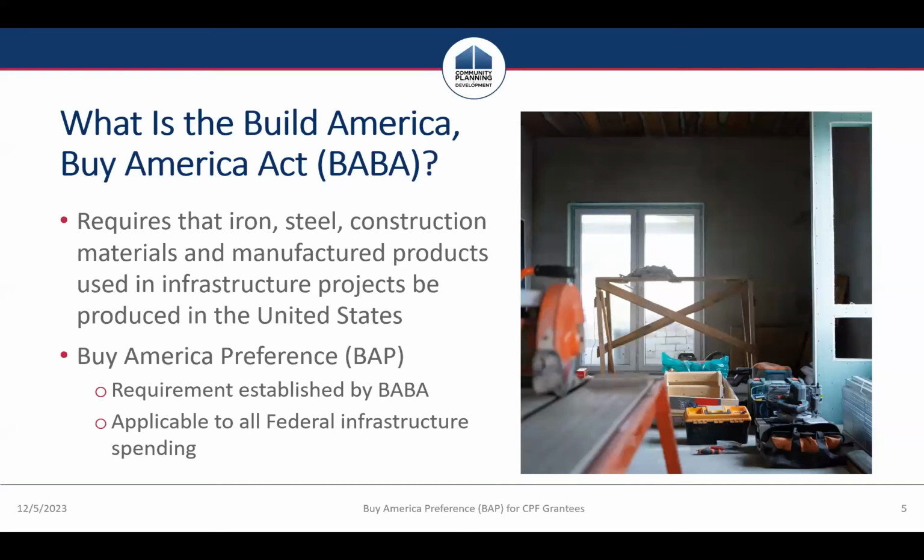The Buy America preference is that requirement. And again, it is applicable to all federal infrastructure funding. This is not a HUD alone requirement. It is applicable whether we're talking about FEMA funding or DOT funding, HUD funding. Any federal dollars need to comply with the Build America, Buy America Act.